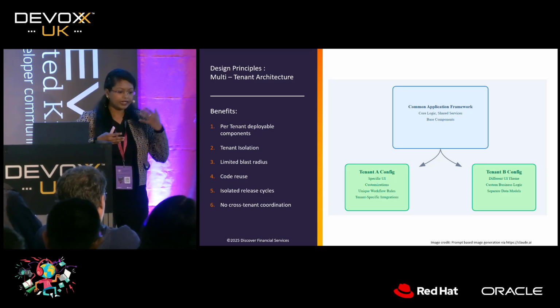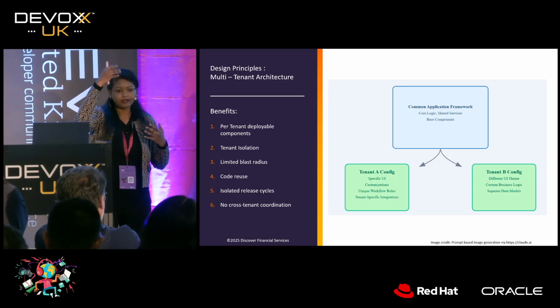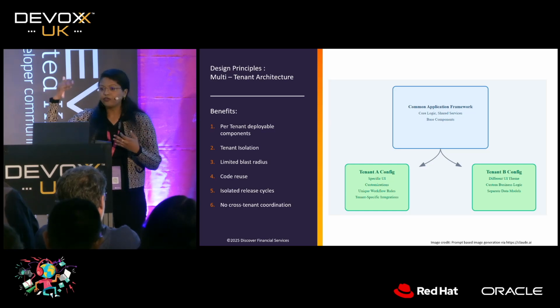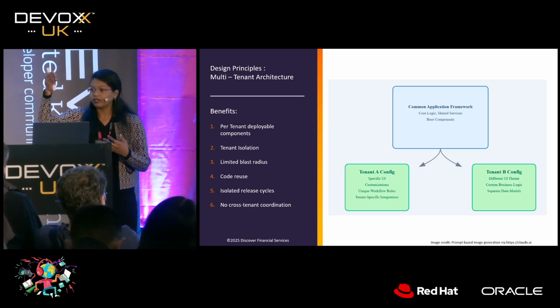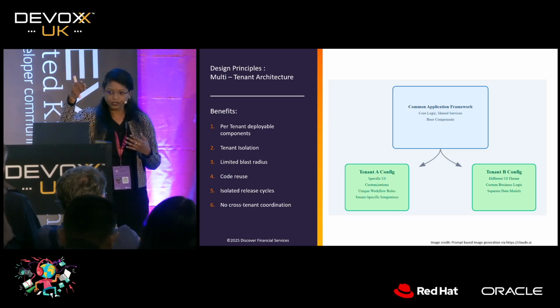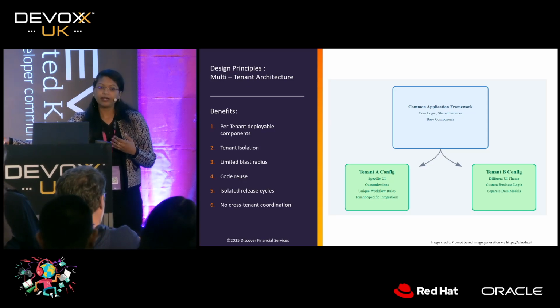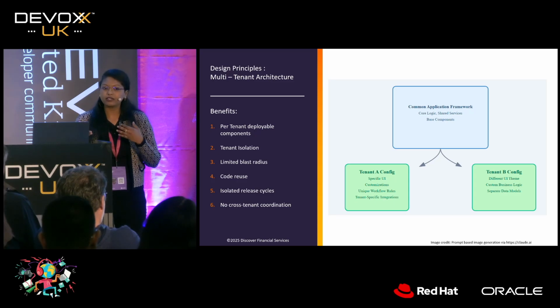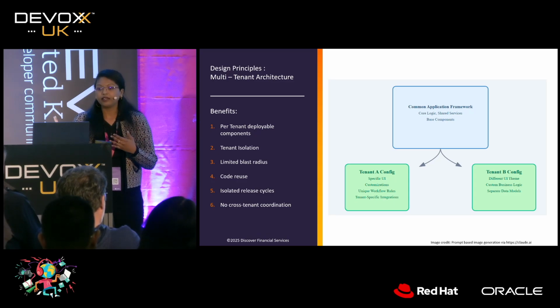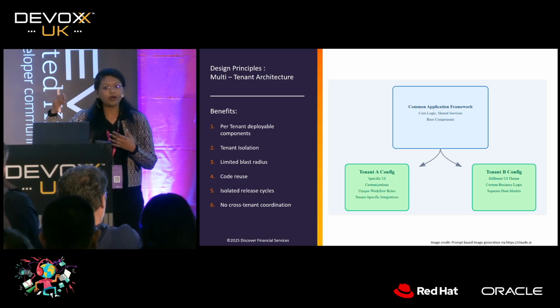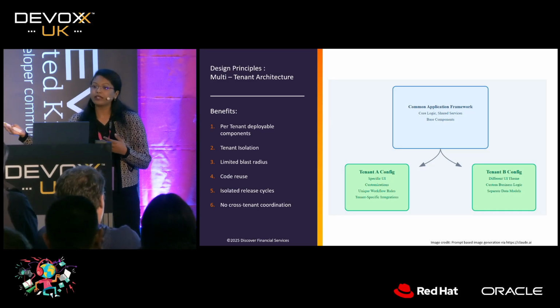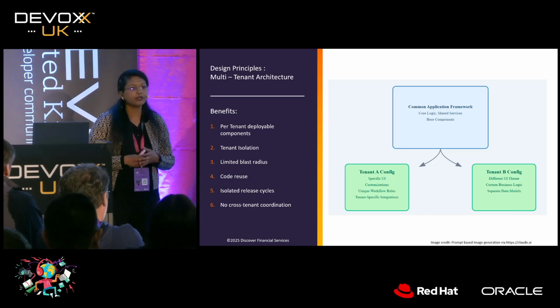So tenant A is using, say, release version 1, and there's a new feature added to the core application framework. We just do a new release, version 2, and tenant B, whenever it is ready, doesn't have to coordinate when release 2 is done. They can wait and go as per their priorities, and whenever they are ready, they can upgrade to version 2.